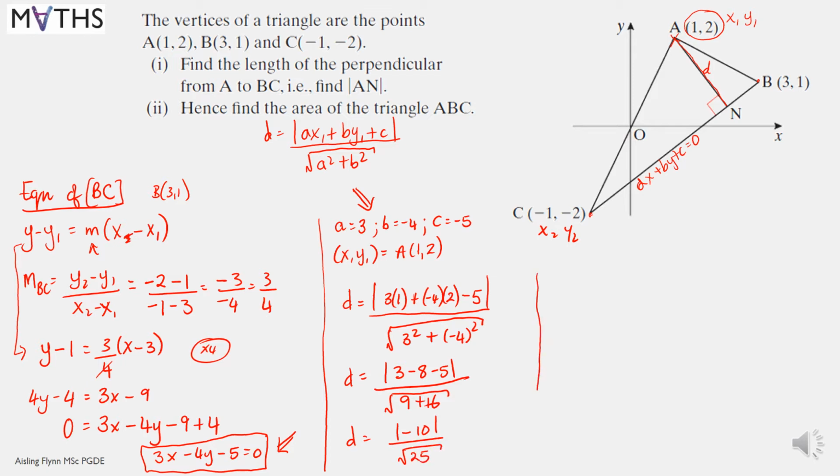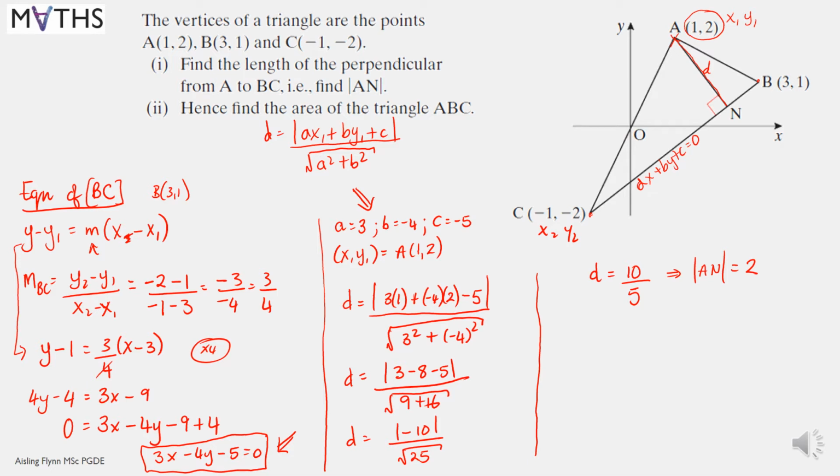As previously discussed, we'll take the positive value of what's in the modulus bars. So we'll get plus 10 over the square root of 25, which is 5, so that distance, otherwise called AN, is 10 divided by 5, which is 2.